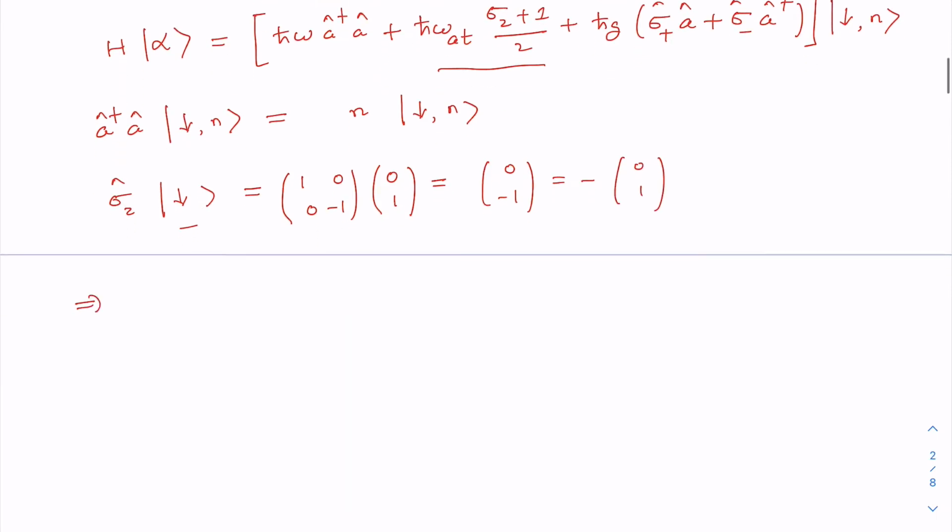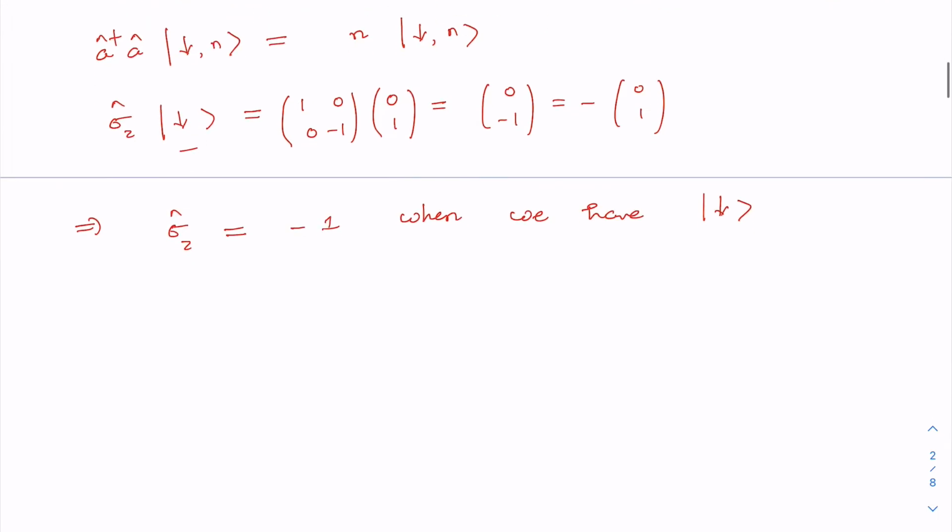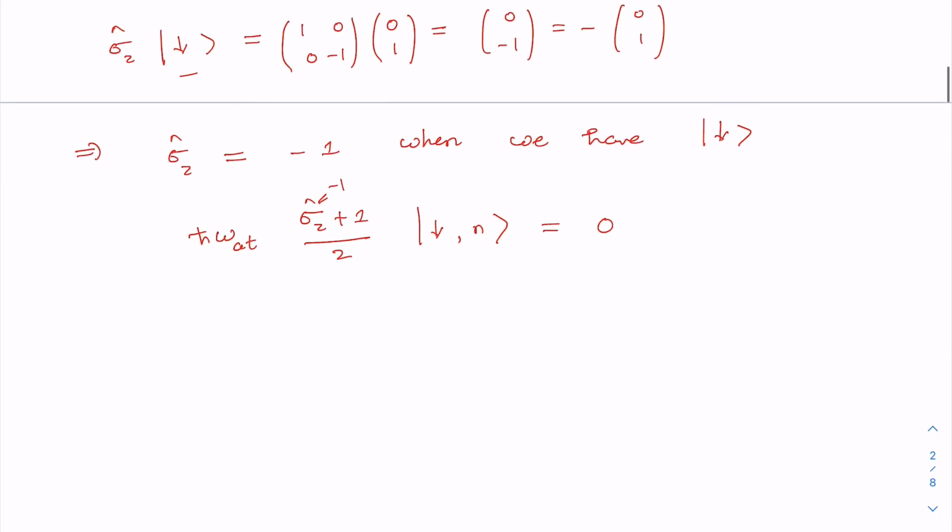So sigma z gives minus 1 when we have the ground state of the atom. Therefore, when ħω_atom (σz plus 1)/2 operates on this state, σz becomes minus 1, so this whole thing becomes equal to 0.